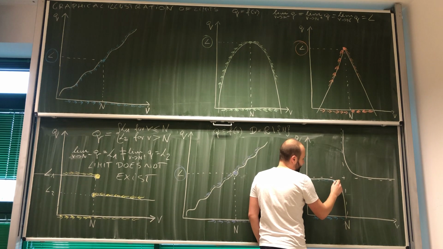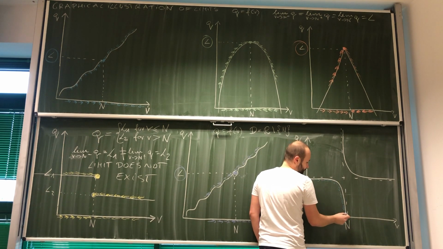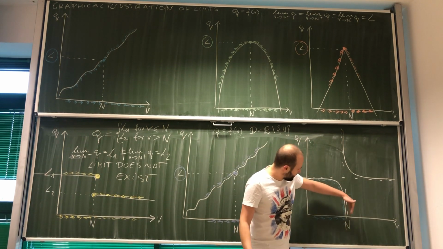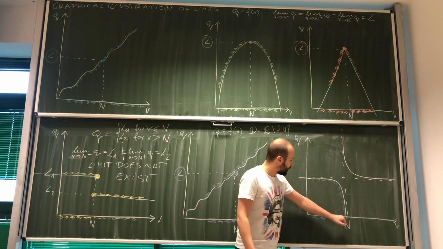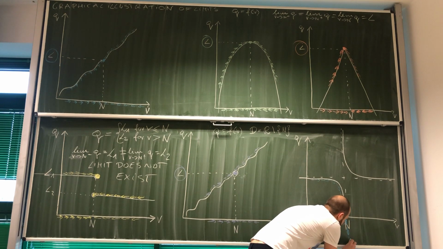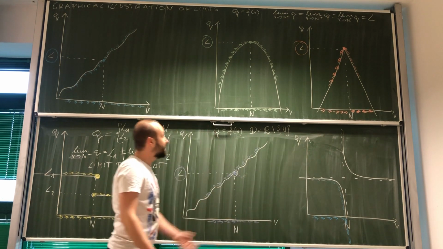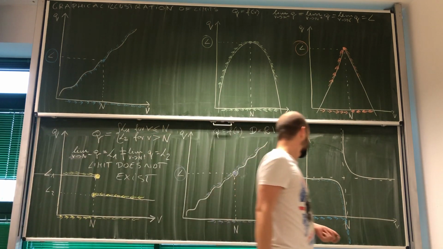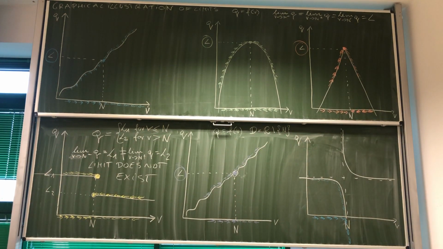If I follow the function, where am I going? Well, I'm going lower and lower and lower. And look, if I were getting closer and closer to n, it would actually go into negative infinity. So look, at this moment, we can say that definitely this function does not have a limit at n.